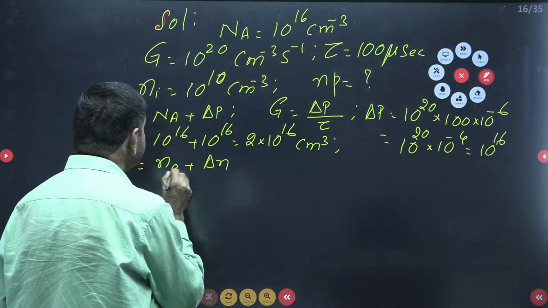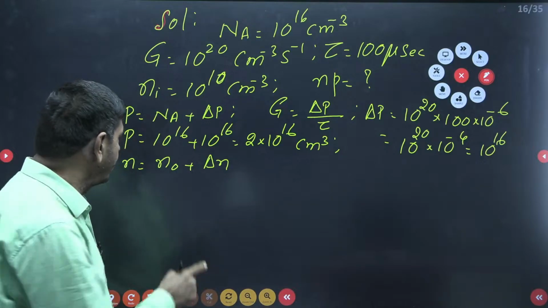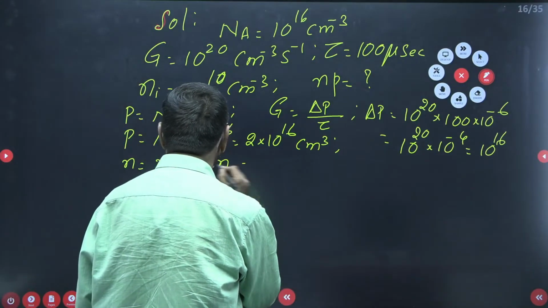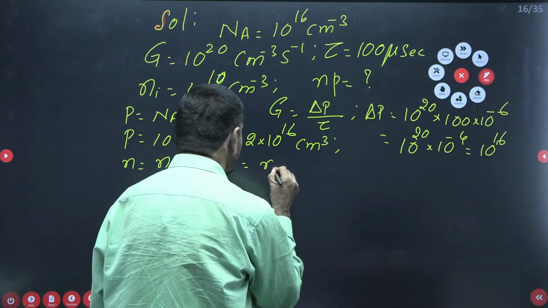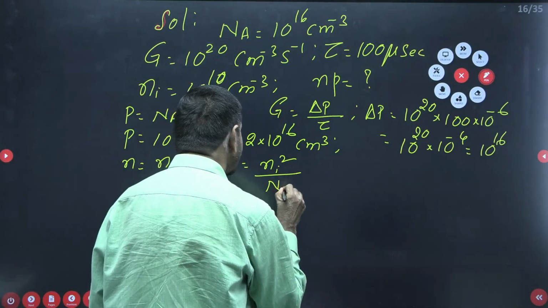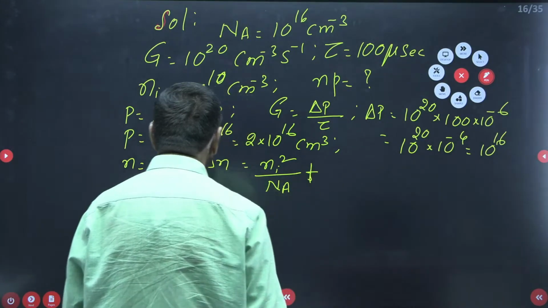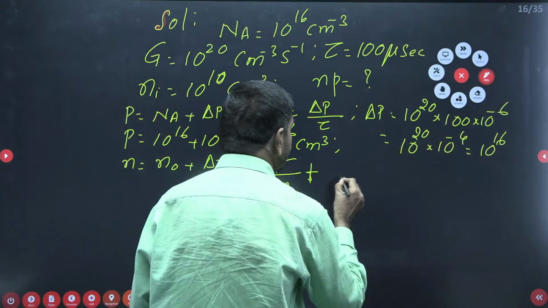But n naught is the minority carrier in the p-type extrinsic semiconductor. I can get the minority carriers using the mass action law: ni squared divided by the majority carriers, that is Na, plus delta n, the same value 10 power 16.